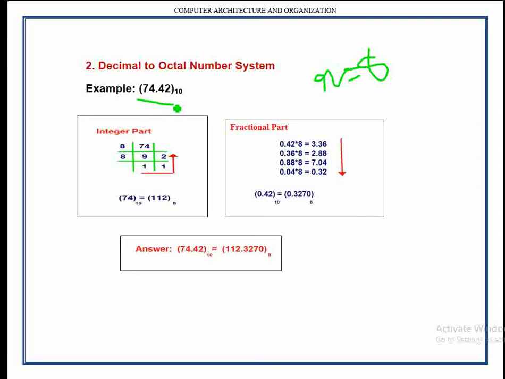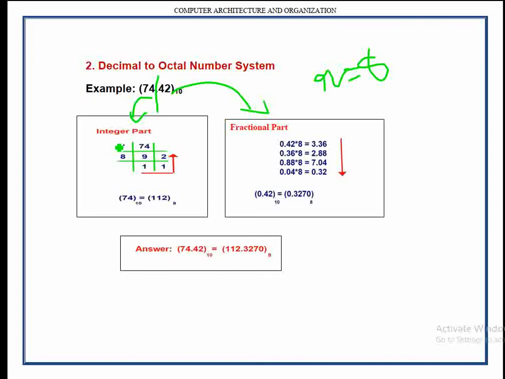Here the given decimal number is 74.42. What is the first step we have to apply? We have to separate the given decimal number into two parts: one is the integer part and the other is the fractional part. After separating, we have to handle them separately.